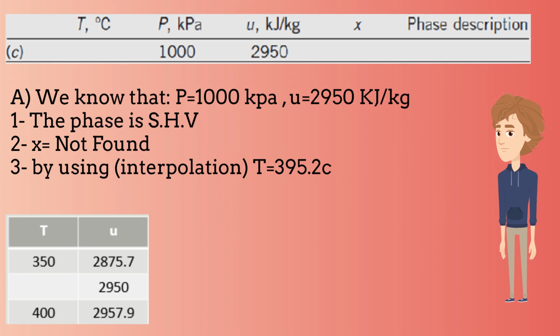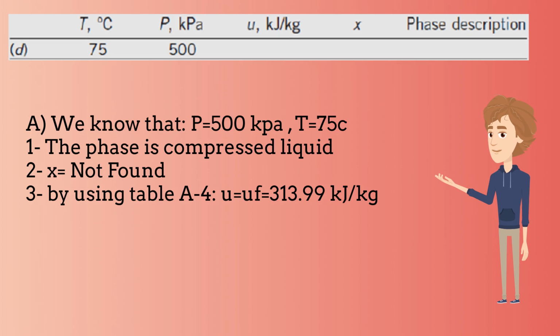After that, we will leave the quality column blank in this case, since it has no meaning for a superheated vapor. So we will say that x is not applicable. Finally, we will determine the temperature by using interpolation, and we will find that T is equal to 395.2 Celsius.